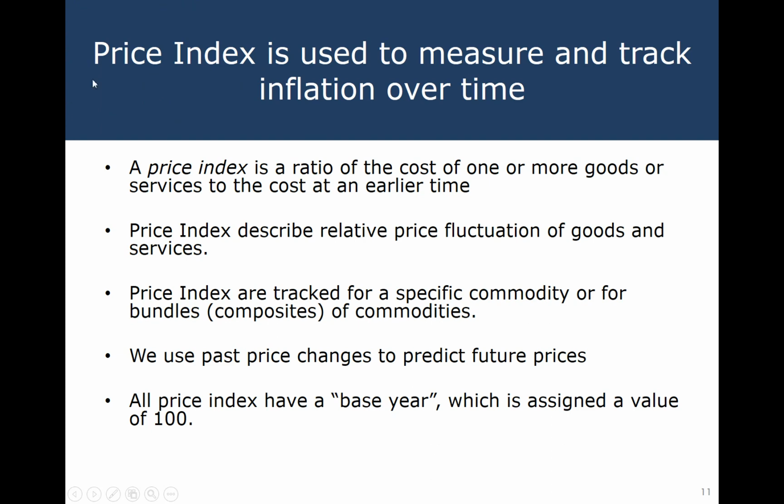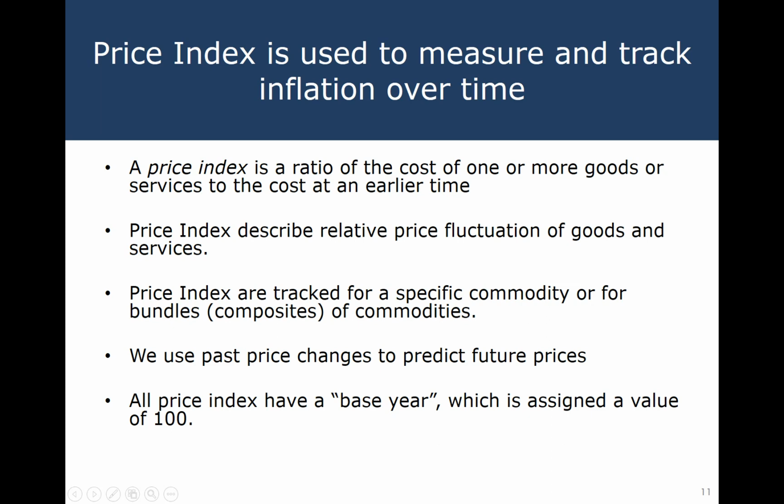If the price increases too fast, that will be a big problem, right? The price index is a ratio of the cost of one or more goods or services to the cost at an earlier time. So this one is defined by definition, okay? And the price index describes relative price fluctuation of goods and services.